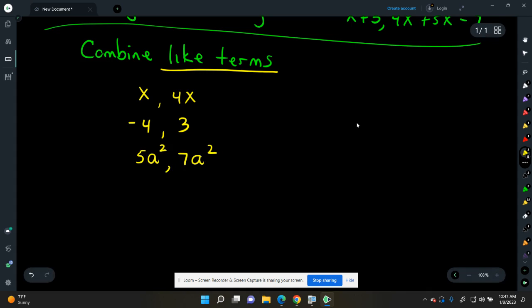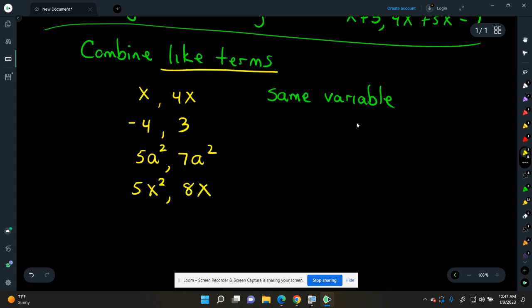Are they like terms? Okay, so what makes something a like term? What about the exponent? Or the variable. What about it? What has to be true? They have to be the same. Okay, so they have to be the same variable. So how about 5x squared and 8x?